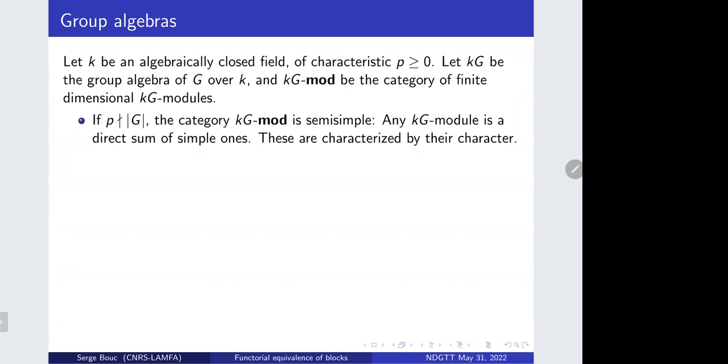So this goes back to Frobenius, and I'm always amazed that Frobenius invented the theory of characters for finite groups without knowing group representations or KG modules. Everything he knew was the group algebra over the complex numbers.